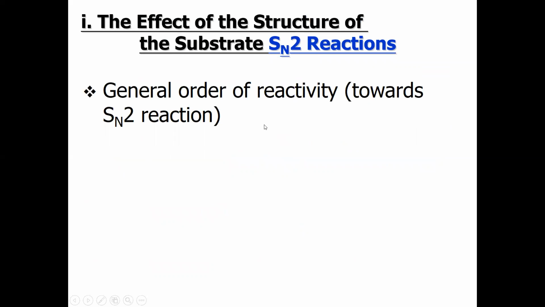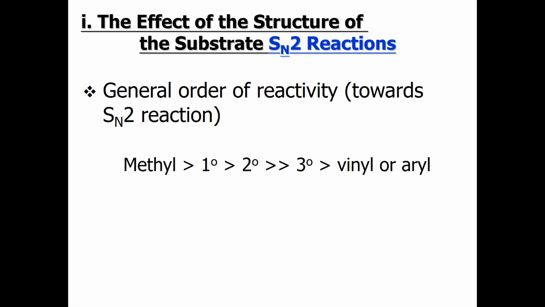Now, how the structure can affect the SN2 reaction. The general order of reactivity toward the SN2 reaction is that SN2 reactions proceed rapidly in methyl, then 1 degree, then 2 degree, and are rarely observed in 3 degree, vinyl or aryl.